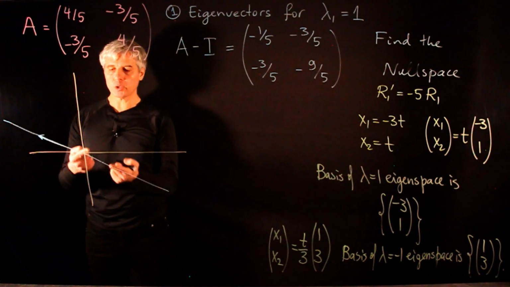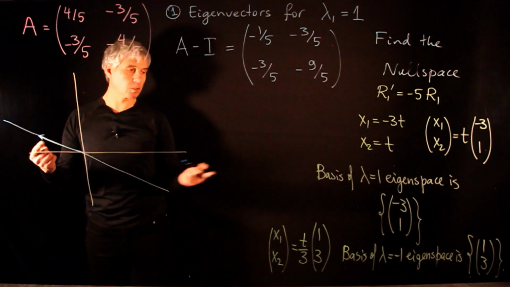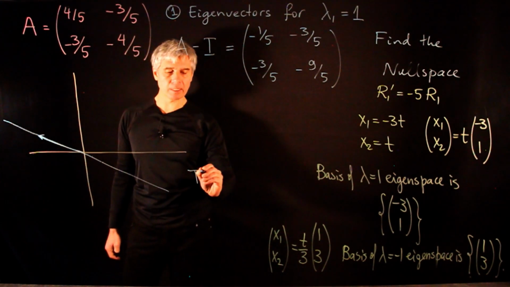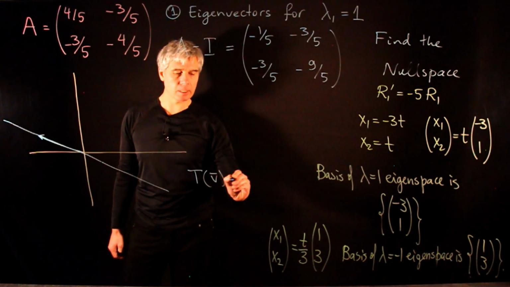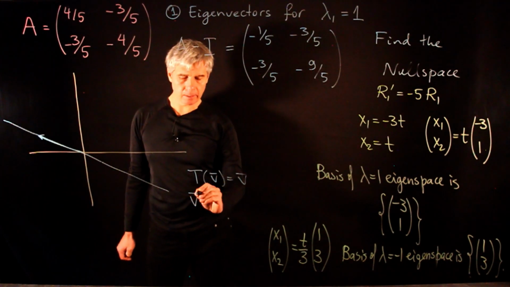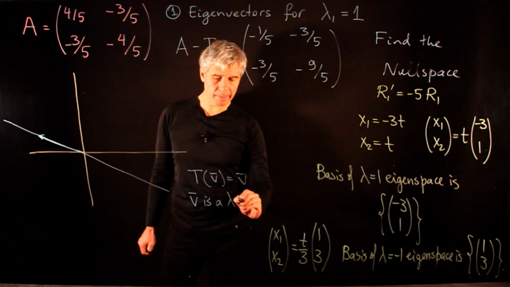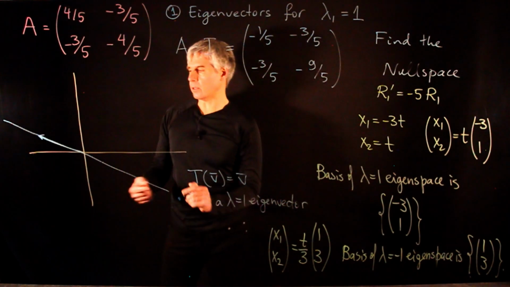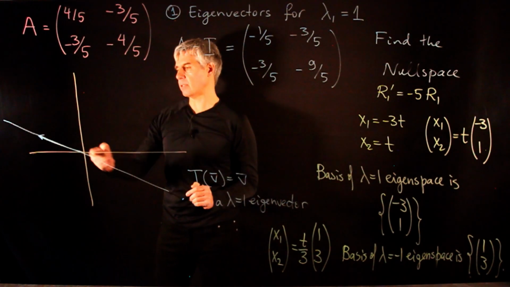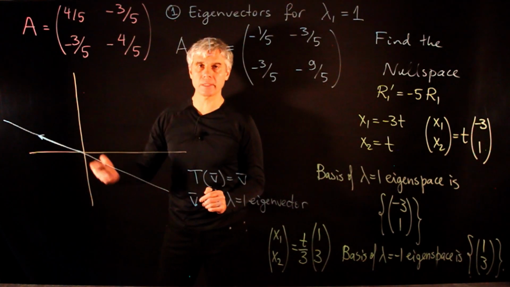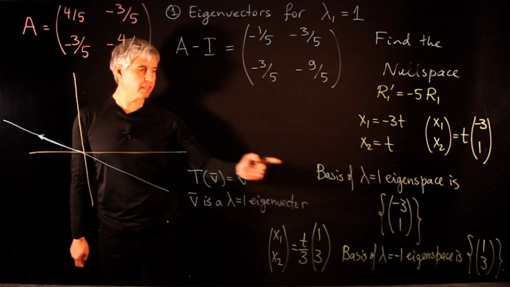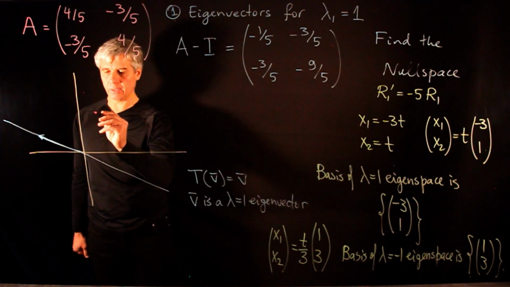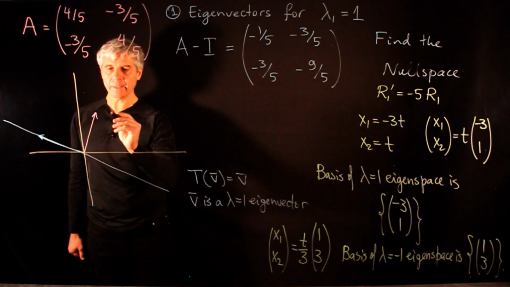This transformation preserves vectors on this line, because if we have a lambda equals 1 eigenspace, this means that T of v is equal to v, when v is a lambda equals 1 eigenvector. So vectors on the line spanned by vector negative 3, 1 do not move under this transformation. The second eigenvector, lambda equals negative 1 eigenvector, is the vector 1, 3.